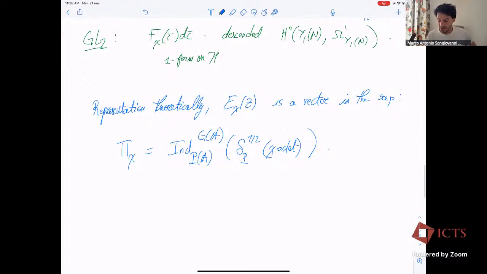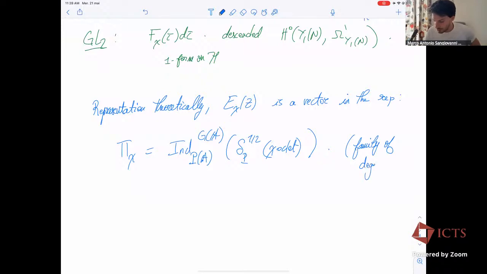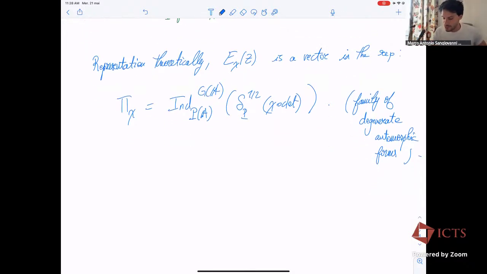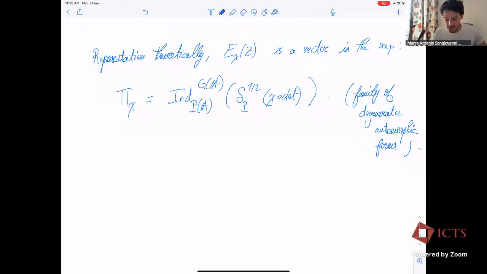Okay, so this is my family of degenerate automorphic forms. And let me also stress that yesterday Dipendra Prasad made a good point that usually automorphic people call degenerate Eisenstein series those that are induced from a character of the Levi of the parabolic, and this is also degenerate in that sense.